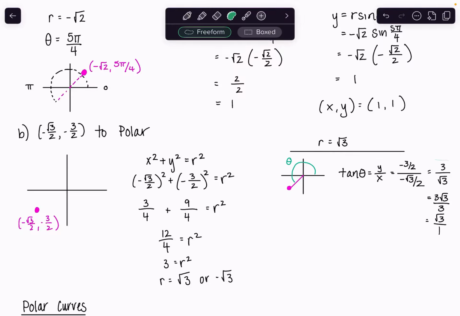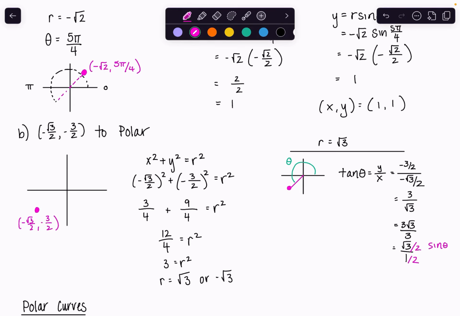But if you're not super comfortable with tangent especially, then what I would recommend is saying, okay, well, if I divide top and bottom by 2, that looks a lot nicer, because this needs to be sine of theta, and this needs to be cosine of theta. If I think of the reference angle that gives me sine of theta being root 3 over 2, that tells me it's going to be a 60-degree angle, because my cosine is going to be 1/2.